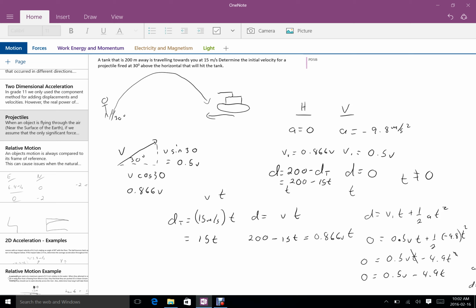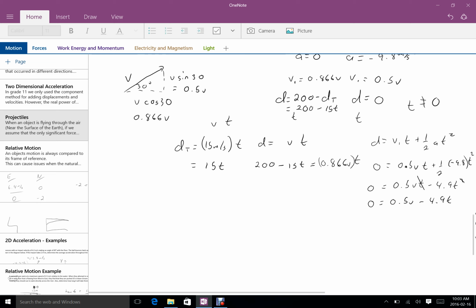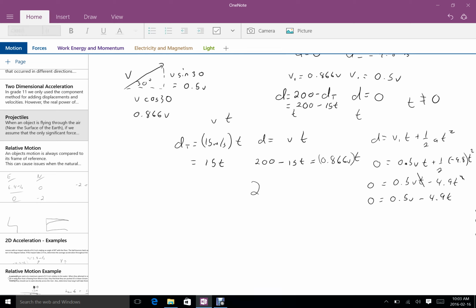So this is the motion of the actual projectile in the horizontal direction, and this is how far we want it to go so that it arrives at the tank. A little simplification here: 200 minus 15t equals 0.866 vt.